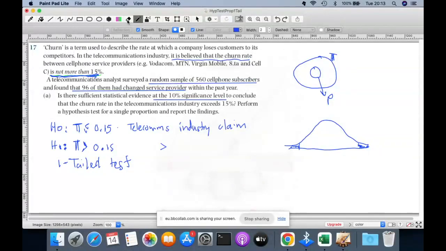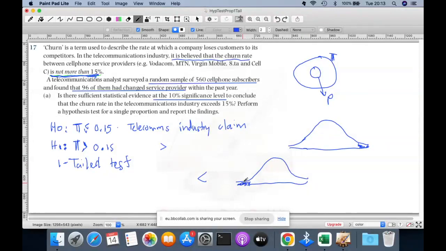I'm going to remove this part here. That's why it's a one-tailed test. If by some chance in another problem you had this symbol for H1, then I see it as an arrow pointing to the left, so that means the rejection region is on the left. If you had less than.